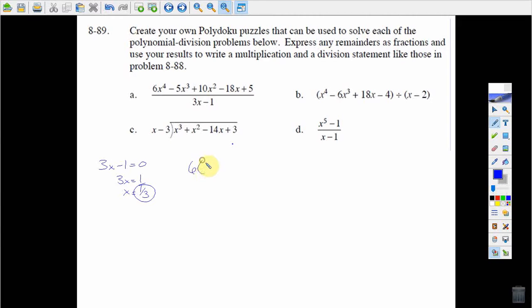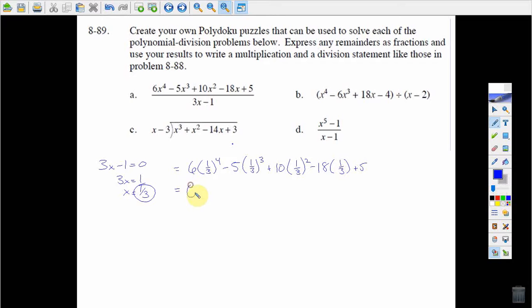So 6 times 1/3 to the fourth minus 5 times 1/3 cubed plus 10 times 1/3 squared minus 18 times 1/3 plus 5.